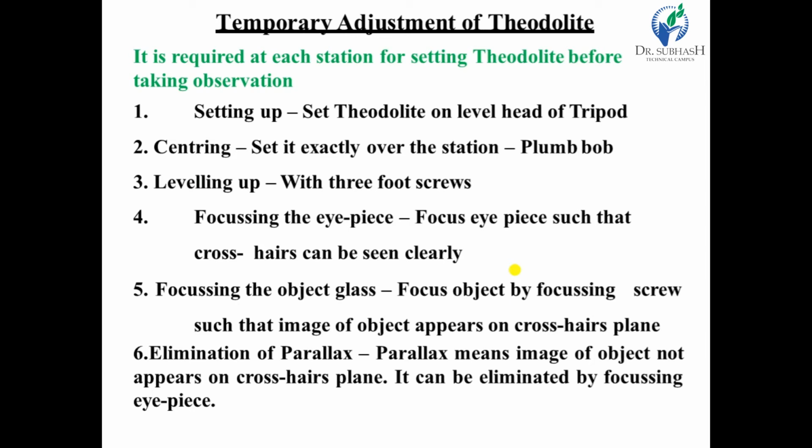So we have to adjust our eyepiece screw so that we can see the object properly and sight it properly. Previously we focused the object glass to see the object clearly. Thank you. I hope you are enjoying this session.